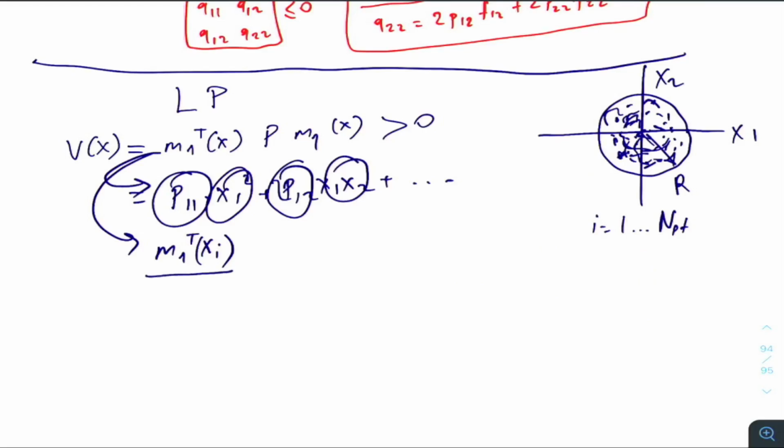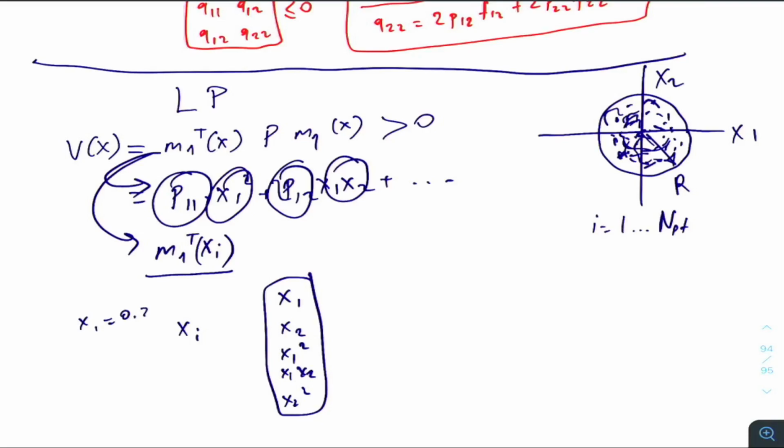So what is this at this point? For example, x1, x2, x1 squared, x1 x2, x2 squared, right? And if you know xi, for example x1 equals 0.2, x2 equals 0.3, you just sampled some xi from the state space in that ball with radius r.